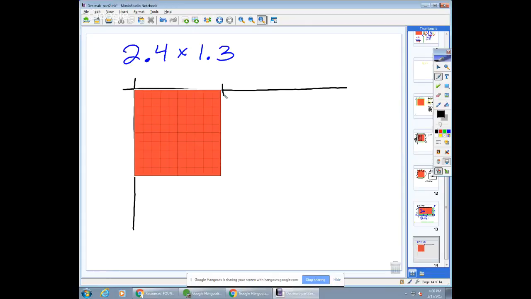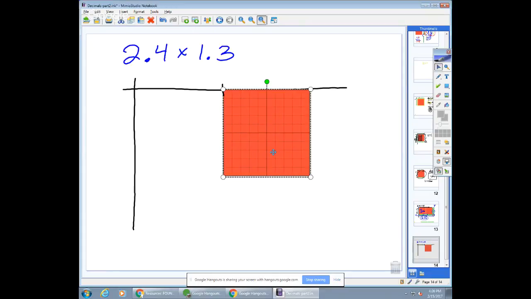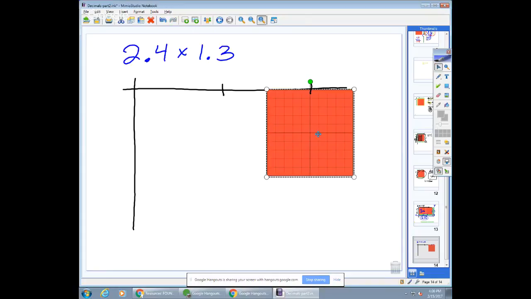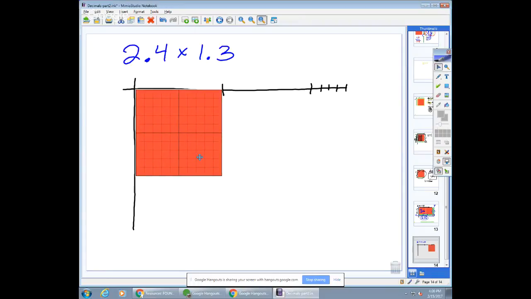So here's 1. And if I slide that over, there's 2. And slide you over again, I can get my tenths. Put you right there maybe. And I want how many? 4? 1, 2, 3, 4 tenths. Okay. And I got to come down this way.